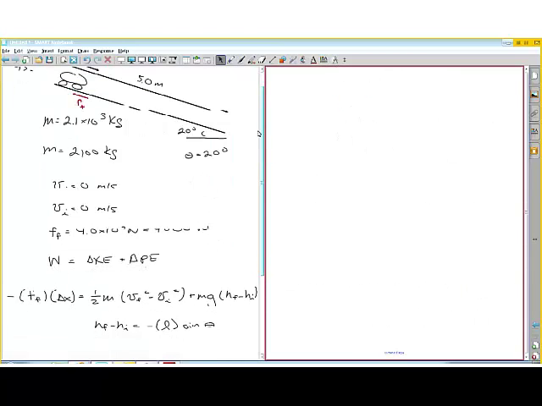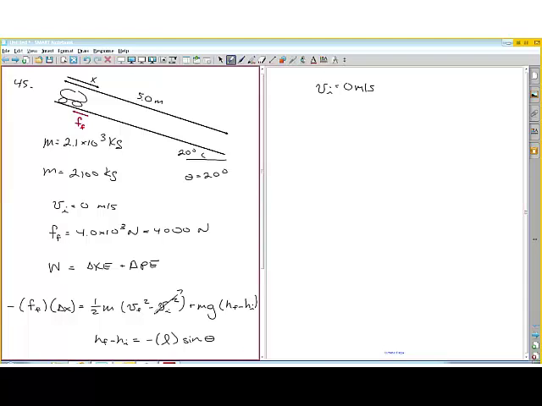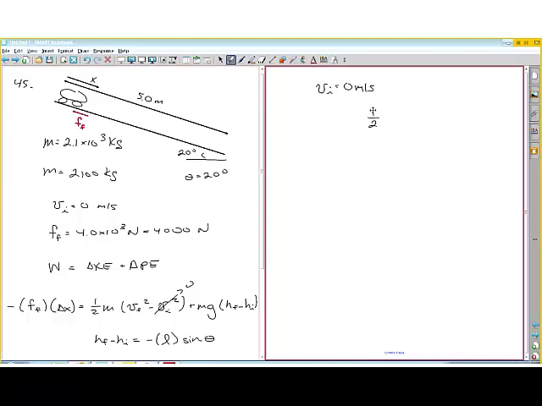So I think we have everything we need. We just need to solve for the final velocity. But before we do that, there are a few things that we can get rid of. V initial, because that's 0 meters per second. So let's get rid of that. And if we rearrange things, we're going to have 1/2 m v final squared.